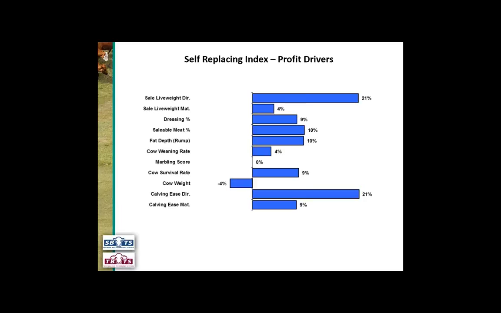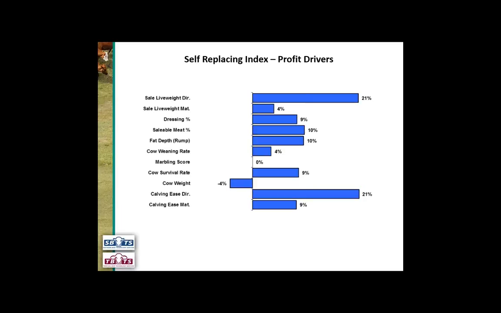And you'll note that profit drivers don't necessarily have EBVs directly describing the actual trait. A good example of this is dressing percentage. There's no EBV for dressing percentage, but dressing percentage does play a role in the profitability of a breeding program, dressing percentage being the ratio of carcass as a proportion of live weight.